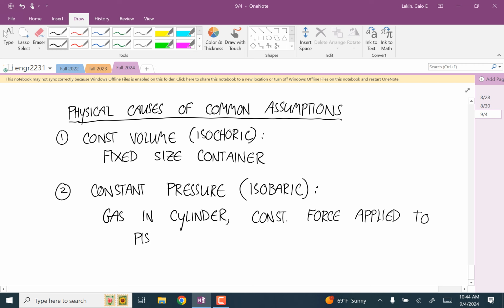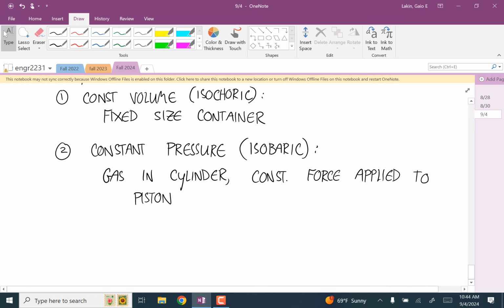Another way to say that would be a freely moving piston. Yes, you can do it like that, or you can apply a fixed known force on it, but it has to be free to move to adjust to that force. The opposing force, you're saying. Yeah, whatever the gas is doing, it's trying to expand and contract, and that piston needs to be able to move around freely so that the counteracting force balances it.